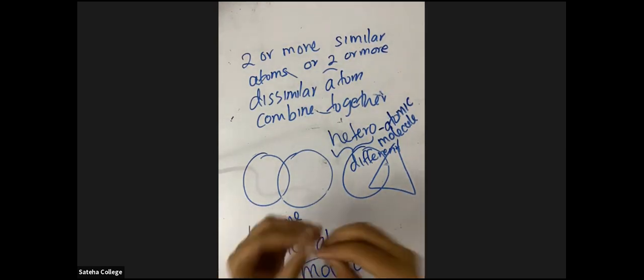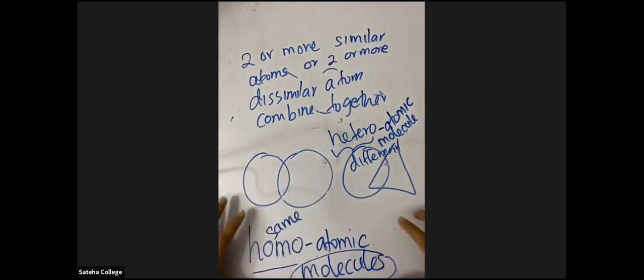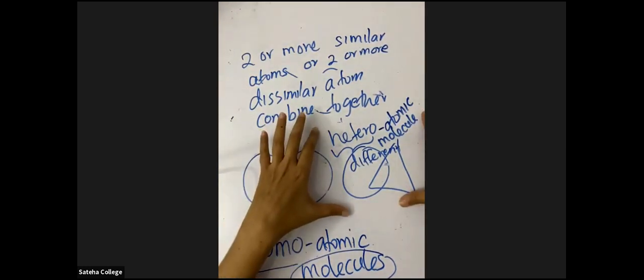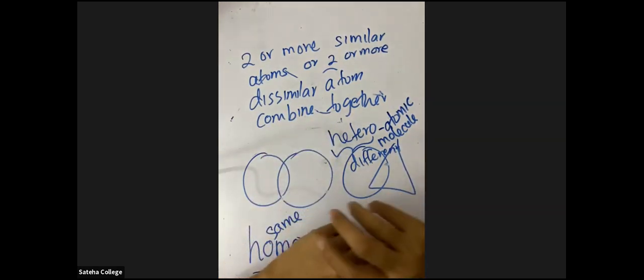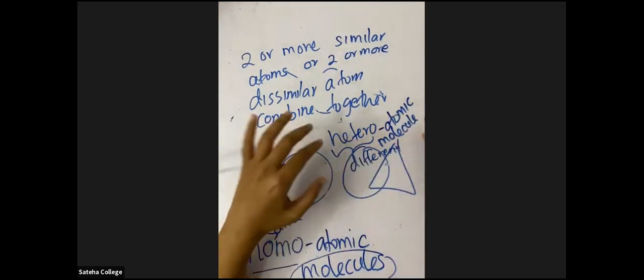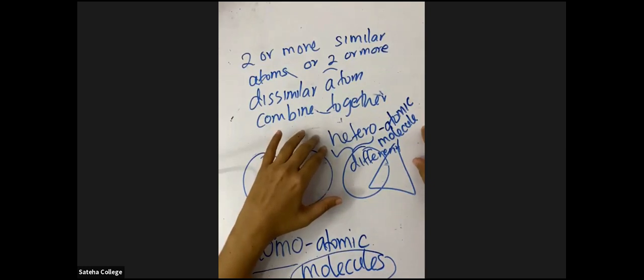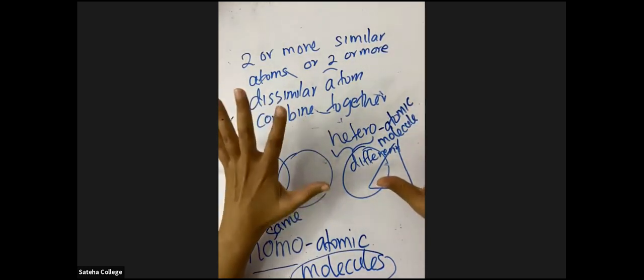So if they are made by two or more similar atoms, that you call a homoatomic molecule. So what's a heteroatomic molecule? Molecules which are made by two or more different or dissimilar atoms. So that you call a heteroatomic molecule. So is it clear?